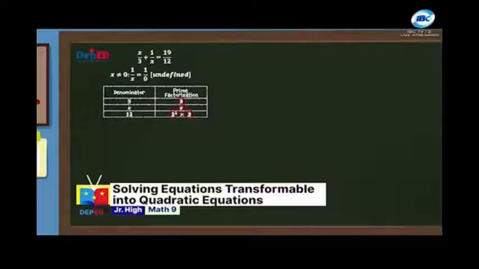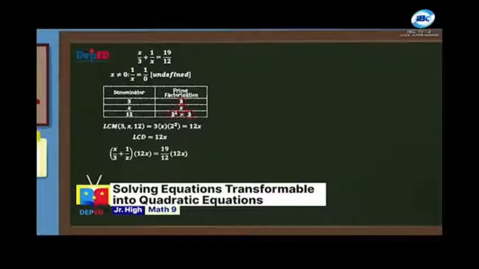What is the highest exponent of 2? 2. The LCM of 3, x, and 12 must be the product of 3 raised to 1 or simply 3, x raised to 1 or simply x, and 2 raised to 2, which is equal to 12x. Thus, the LCD is equal to 12x.